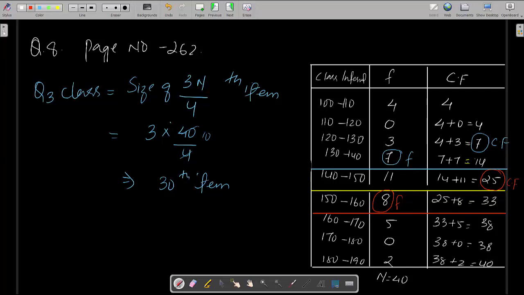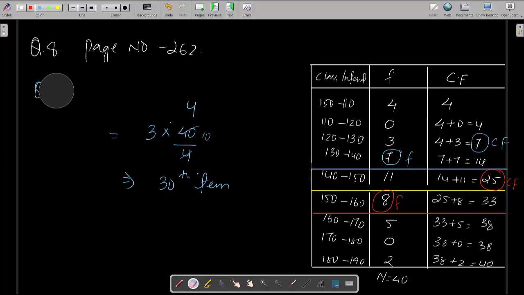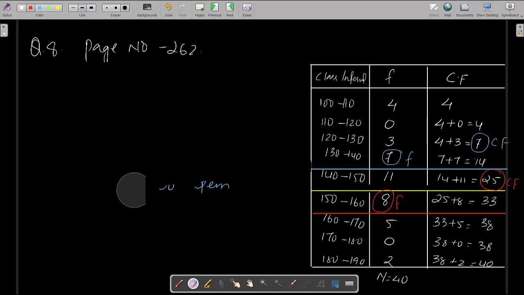And 150 to 160 will be your Q3 class. So let's write it down again. Okay, so here Q3 class is what? 150 to 160.